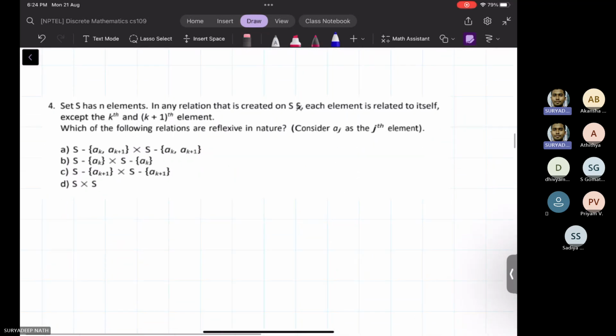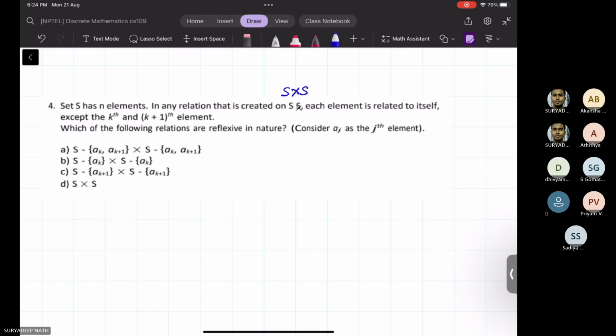So we have a set S which has n elements. In any relation that is created on S, so this part is basically S cross S, a relation that is created on S, each element is related to itself except the kth and k plus 1th element. Which of the following are reflexive in nature? So AJ represents the jth element.